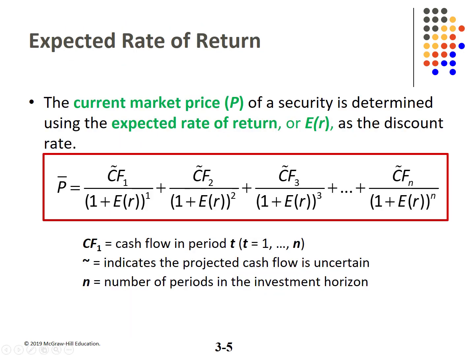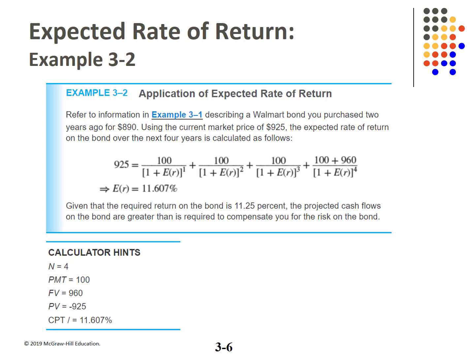I know, this looks just like the last couple of slides, but this is expected rate of return. Expected by you. Required was required by the market. Same basic formula, same cash flows, but now the discount rate is the expected rate of return. Back to the Walmart bond.